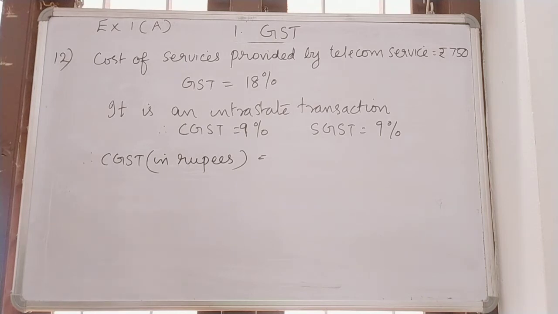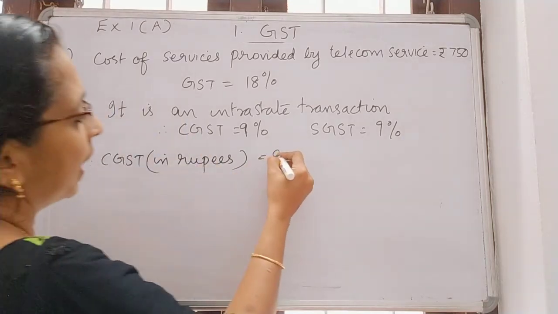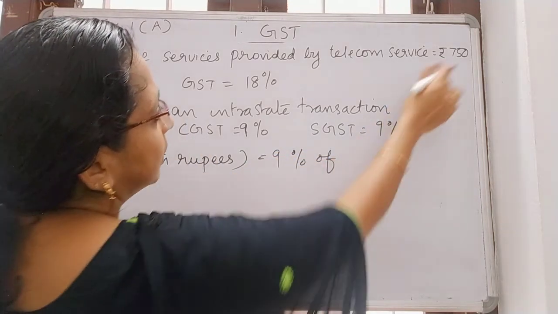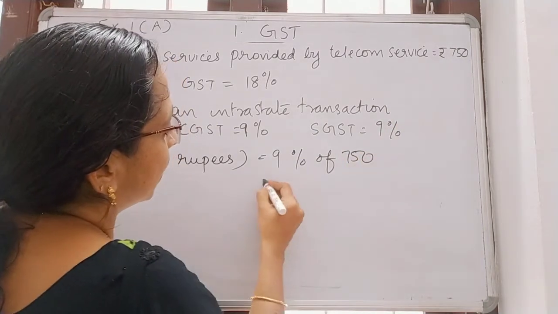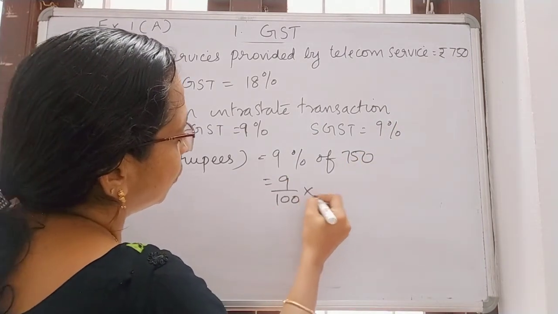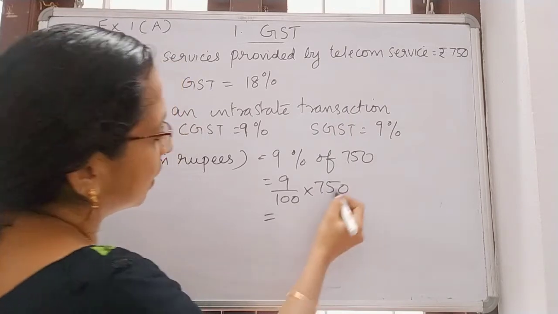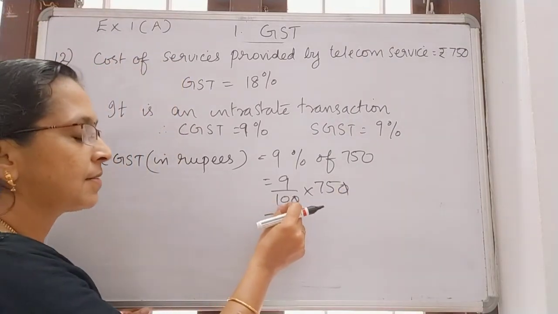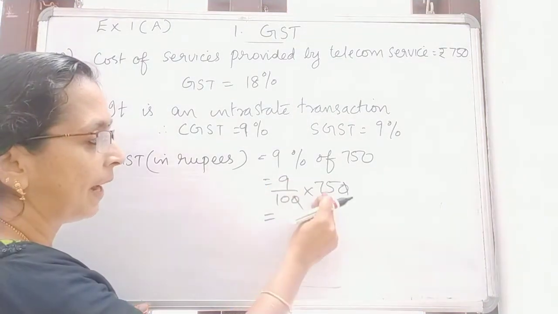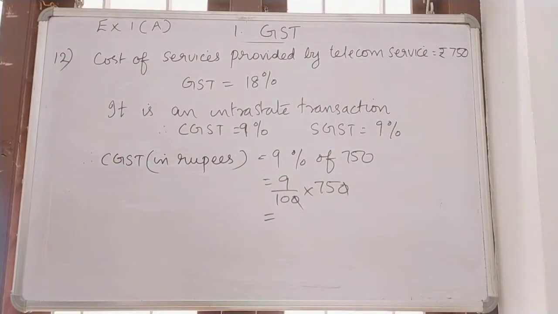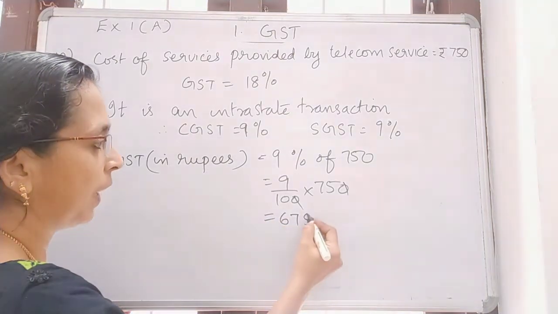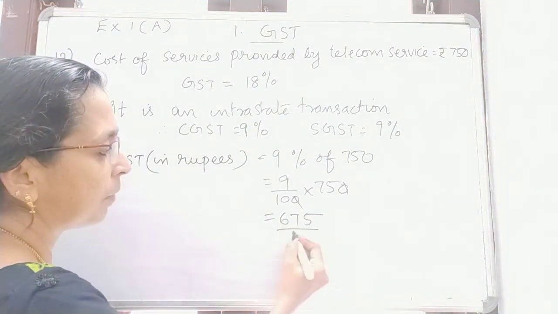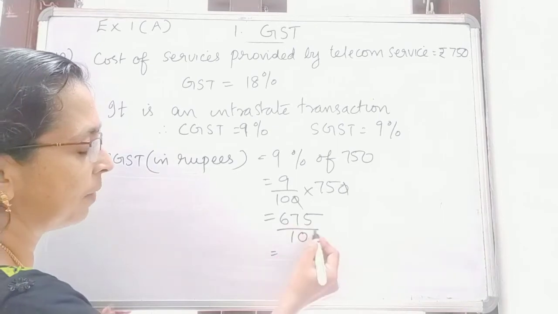CGST in rupees will be what? 9% of 750. So how can we write? 9 by 100 into 750. Cancellation is possible, but better don't cancel this 10. First you multiply 9 and 75. So it will be 675 divided by 10, so remove one decimal place.